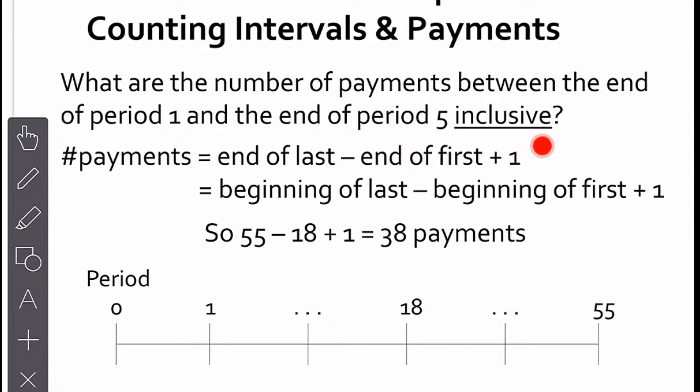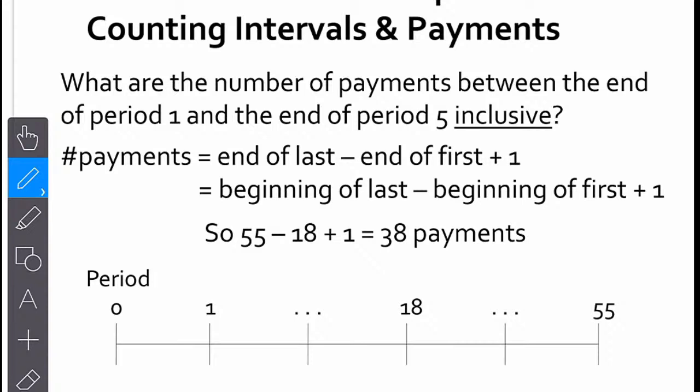There's 38 payments because you have to count all of the tick marks. Again, back to your hand. Look at your hand. How many fingers between the first and the last one? There's 5 fingers. You have to add 1 back. So when you subtract from end to end, you have to add 1 in because all that's doing is counting intervals. Right, 38. Very good.